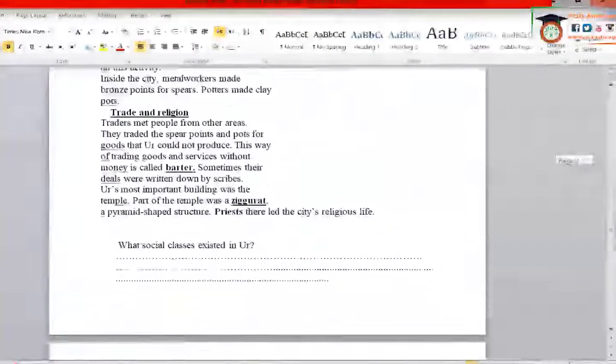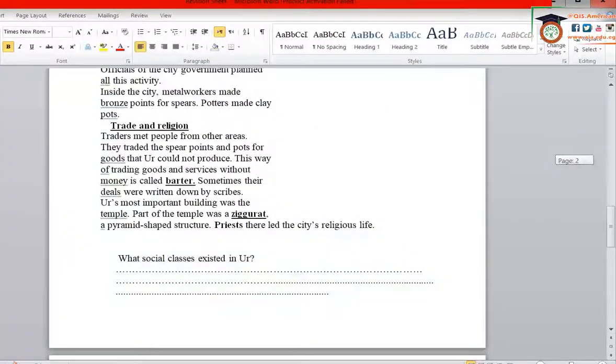Sometimes their deals were written down by scribes. As I told you before, scribes were keeping and recording everything that happened at that time. So if they had any kind of deals, they were written down by scribes. I think this point is well understood because we demonstrated it a million times now.